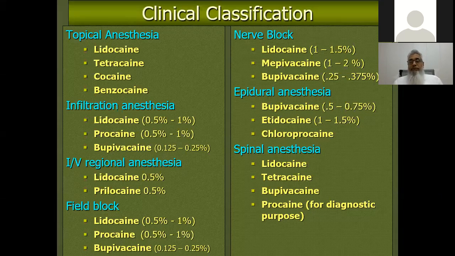Epidural anesthesia is also very popular. In epidural anesthesia, the local anesthetic drug is injected into the epidural space outside the dura mater. There is a potential space called the epidural space, and a large amount of drug is injected in that space, and a catheter is placed into the epidural space.